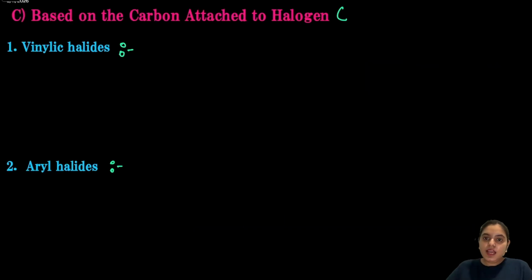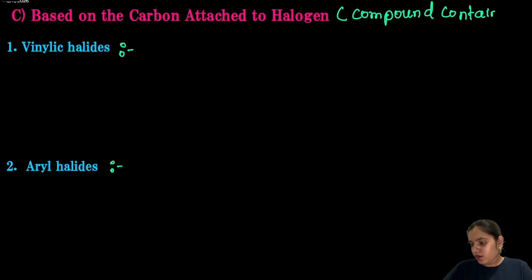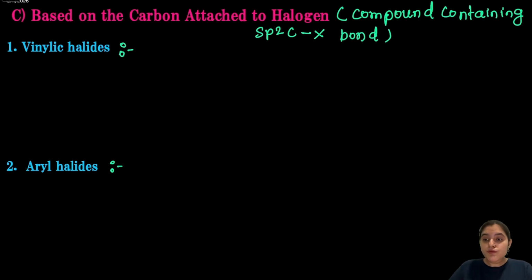Okay. Next classification is based on compounds containing an sp2 carbon-halogen bond. So what is vinylic halide?